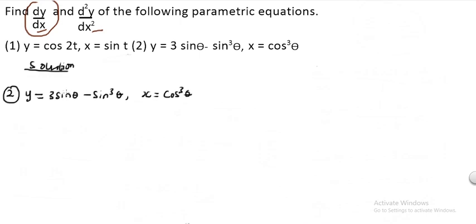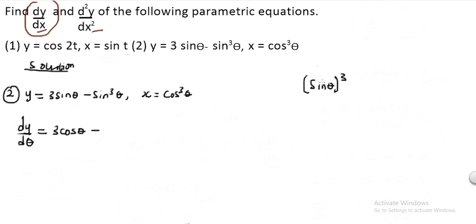Before you do any of that, the first thing you want to do is find the derivatives with respect to theta. dy/dθ is equal to, if you differentiate 3 sin theta, it gives you 3 cos theta, minus, if you differentiate sin cubed theta, which can be written as (sin theta) cubed. To do this, you need to use the chain rule.